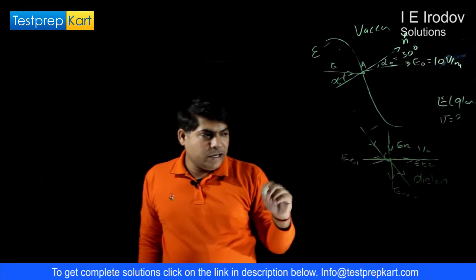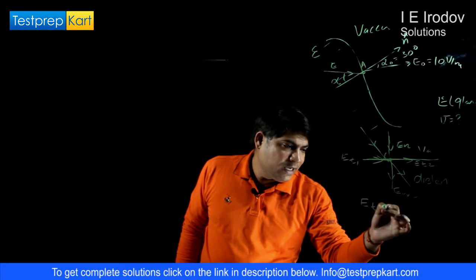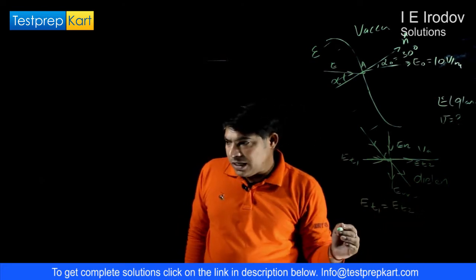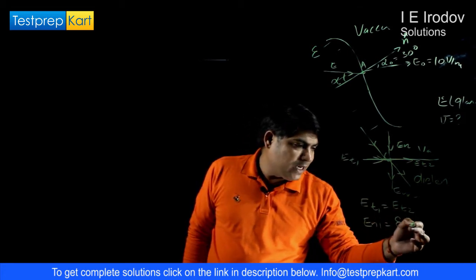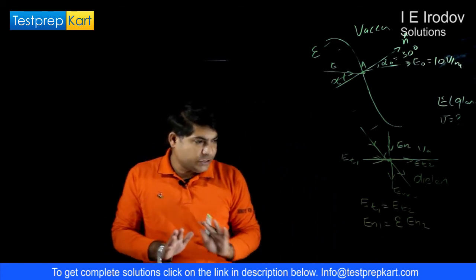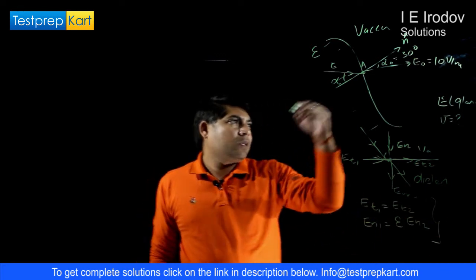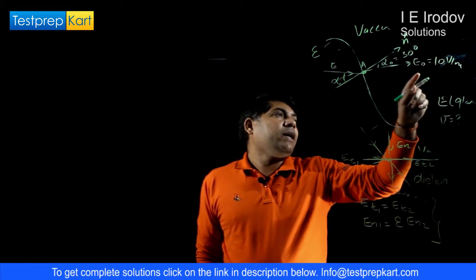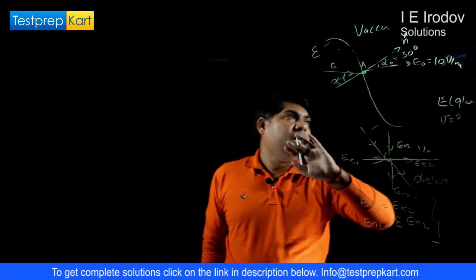If we apply the boundary condition for the field, then the tangential component remains unchanged, but the normal component in medium 1 is equal to epsilon times the normal component in medium 2. So we'll proceed by taking these conditions into consideration. Now see, here this electric field E naught makes an angle alpha naught with the normal direction.